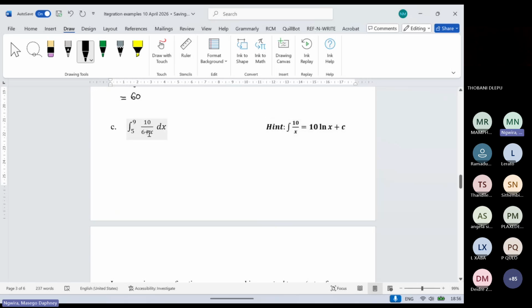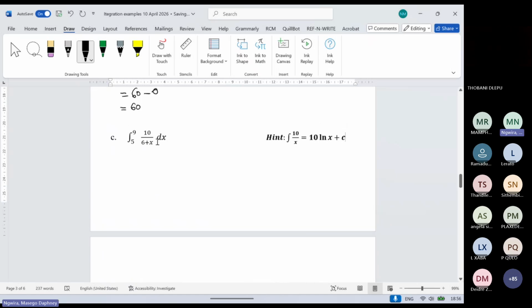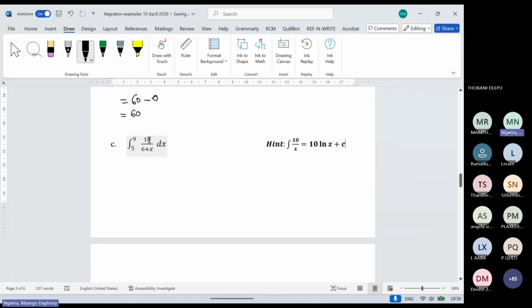As I said before, I can't use the substitution here because I don't have an exponent, so there's no need. So I'm going to integrate here.